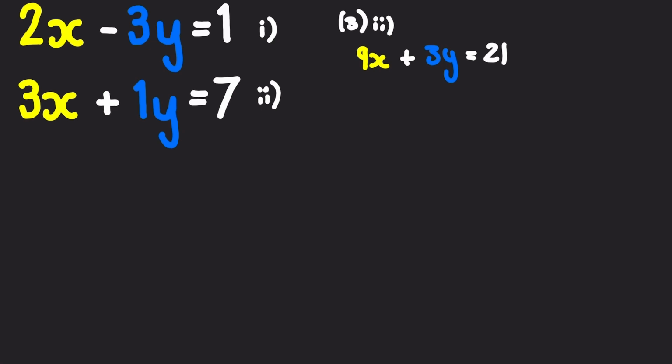The reason I did that is that now equation 1 plus 3 times equation 2 will cancel the y variable. Let me show you.